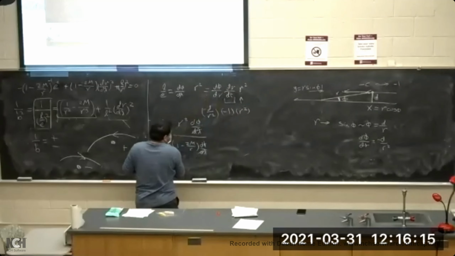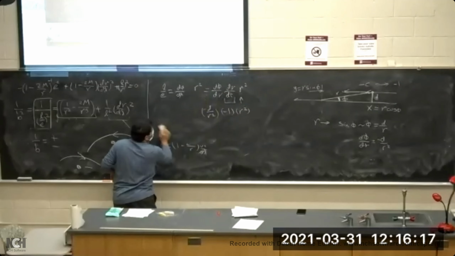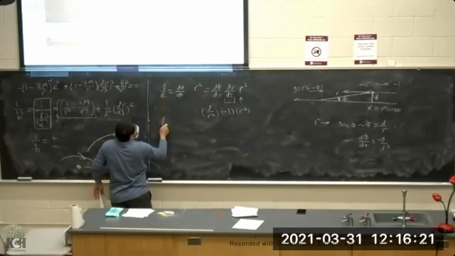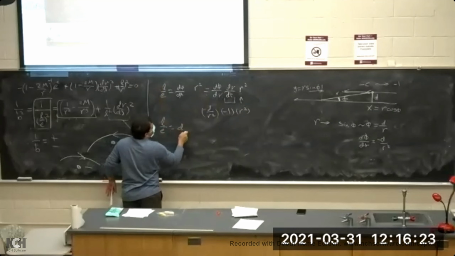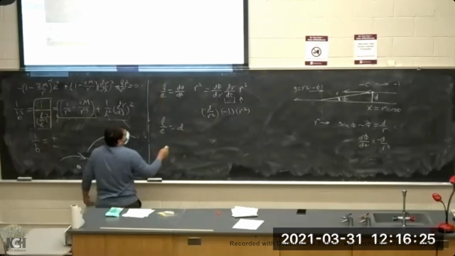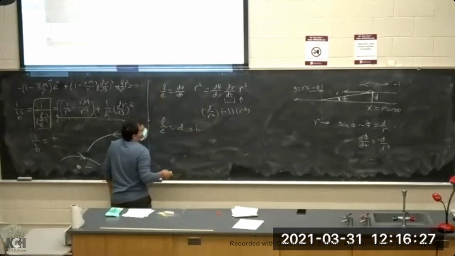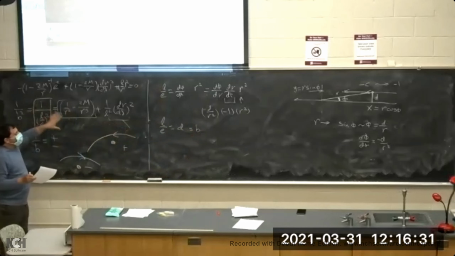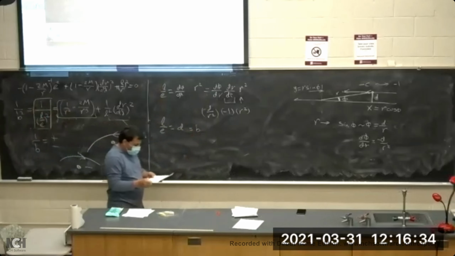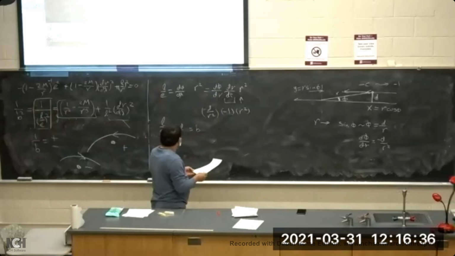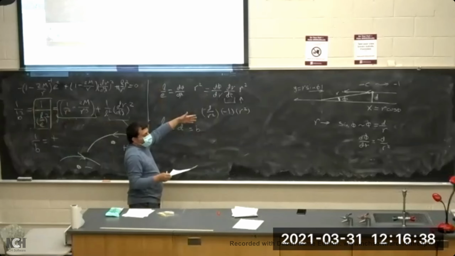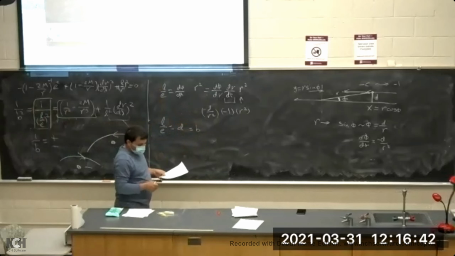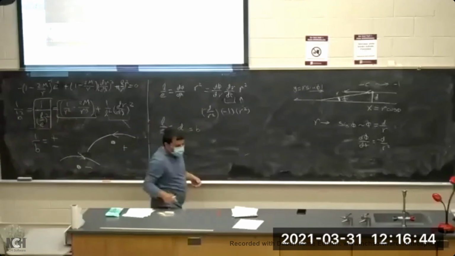So this ratio L over E is equal to D, but we defined it before as B. So it is the most important, everything depends on this ratio, which is B. And this B has a dimension of length. Okay.